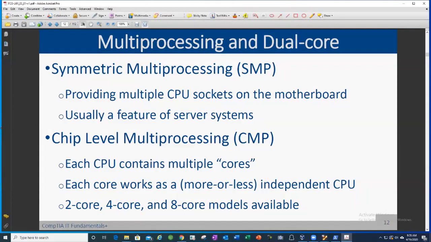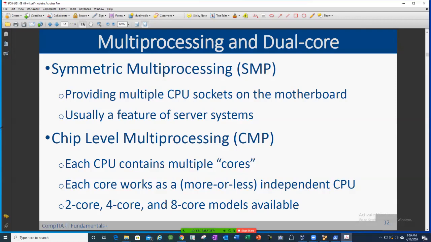Another important component is chip-level multiprocessing, or CMP, where each CPU contains multiple cores. Each core works more or less like an independent CPU. When you're buying a computer, one of the features it will ask is whether you want 2-core, 4-core, or 8-core, and obviously the more cores, the more expensive it's going to be.